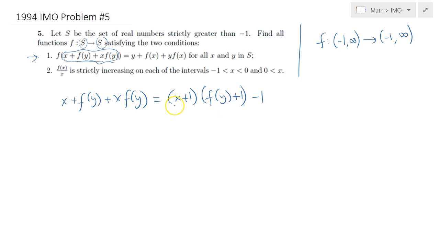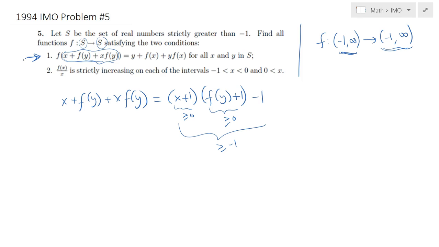Now obviously this expression is greater than or equal to 0 because f takes values greater than or equal to -1, so f of y plus 1 is also greater than or equal to 0, suggesting that the whole thing is greater than or equal to -1 as claimed. So the argument is within the domain, and the problem looks like it is properly posed.